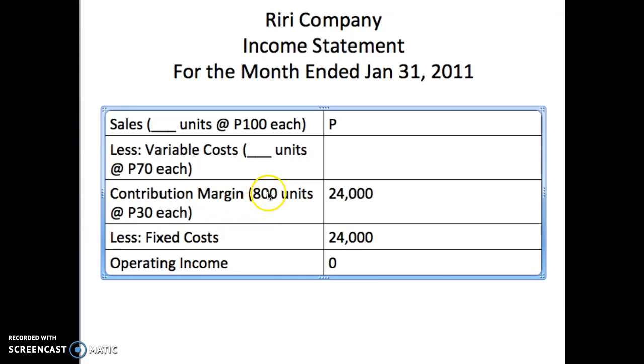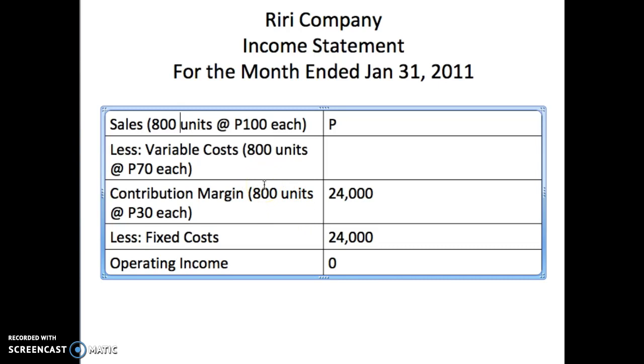Now that we know the number of units here in the contribution margin, the number of units in the variable costs will be the same, and also in your sales. It's impossible that the number of units for these three items will be different because it wouldn't make sense. If you sold 800 units, then it means that you incurred variable costs for that 800 units and also gained a contribution margin from that 800 units.